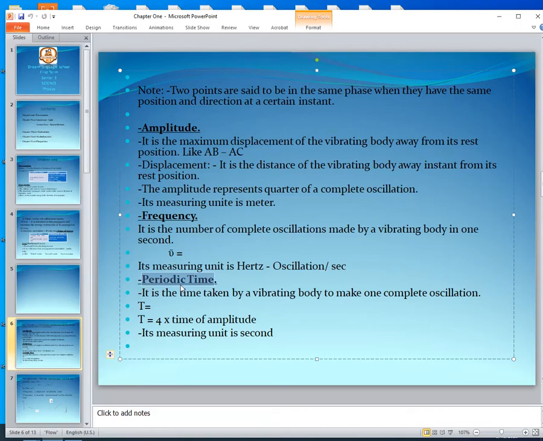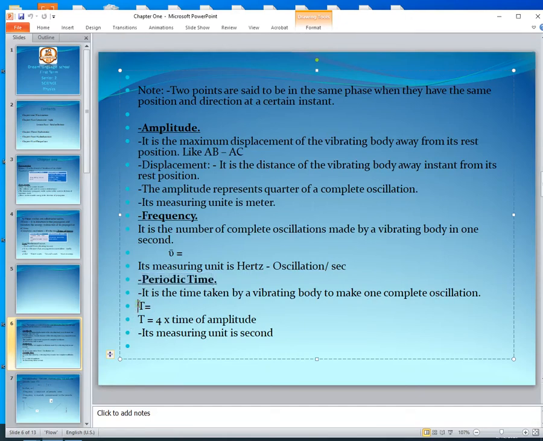Period means one oscillation. Period means complete oscillatory motion. But periodic time, it's the time of making one complete oscillation. So it's the time taken by a vibrating body to make one complete oscillation.